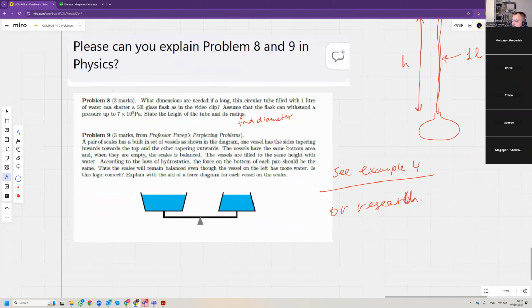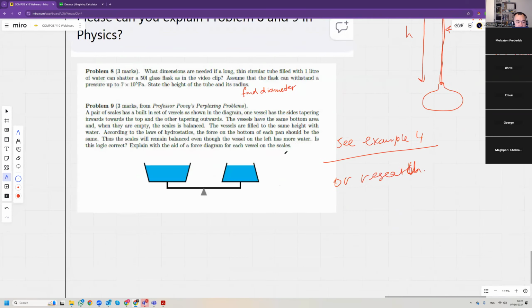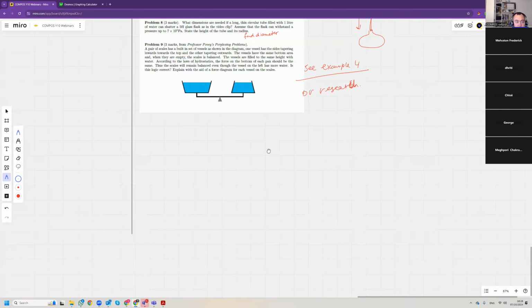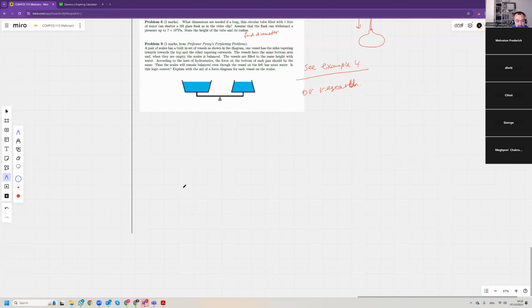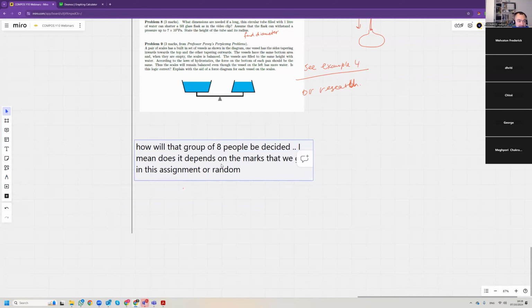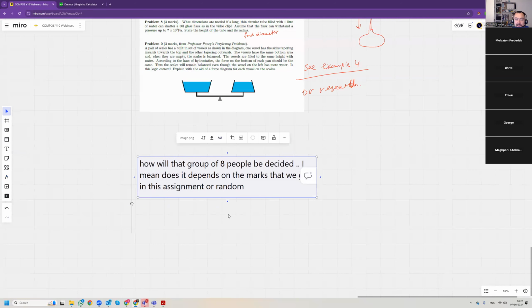How will that group of 8 people be decided? Does it depend on the marks? Can we get this assignment or is it random? The people who get into COMPOS will get assigned a group based on the marks they get in the assignment.